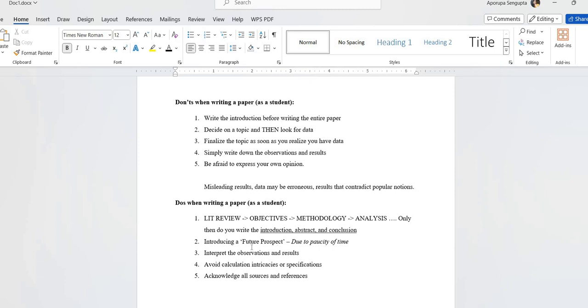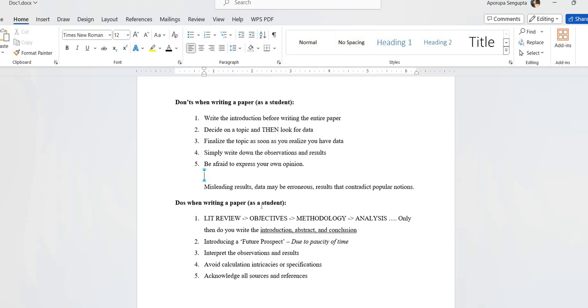I haven't been penalized for anything as of yet, and I have had a reasonably good score in all the papers that I have written. So I think they are not incorrect. However, take everything with a grain of salt. This is from my personal experience. It's not like a professor came up and told me these do's and don'ts.